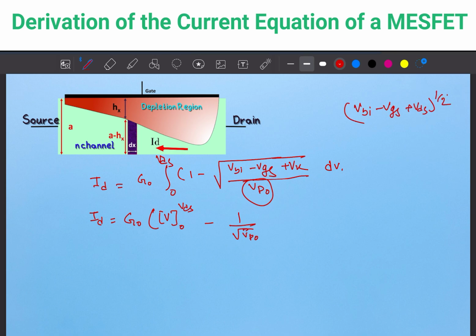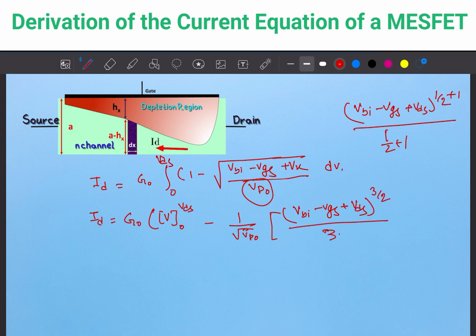So we get the power plus 1, half plus 1, divided by half plus 1, right? I just put this value here. Then we will get (VBI − VGS + Vx) to the power 3/2 divided by 3/2, as I need to put the limit first. Okay, the limit will be 0 to VDS.